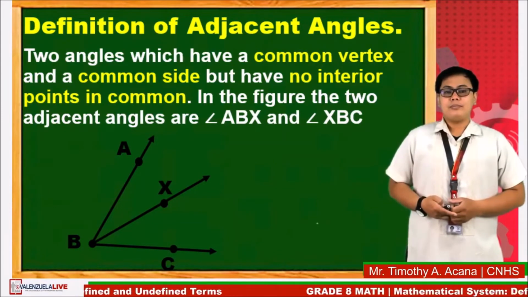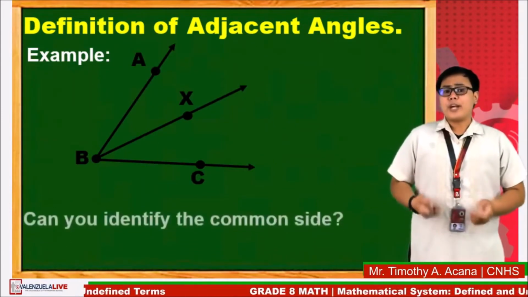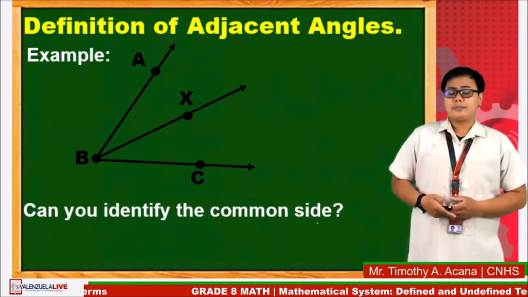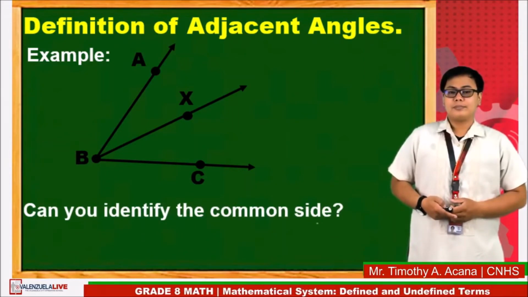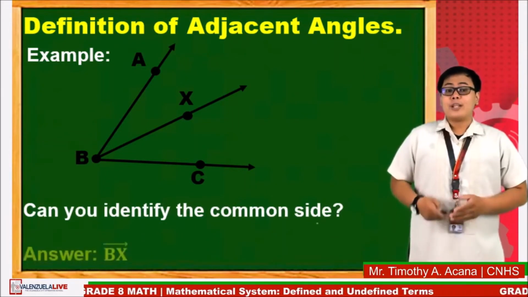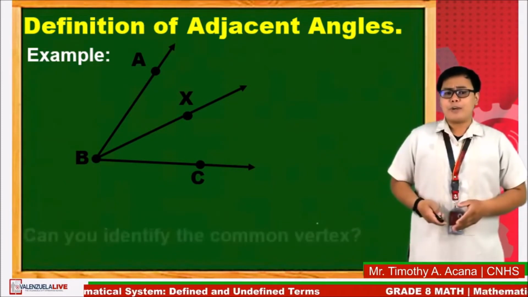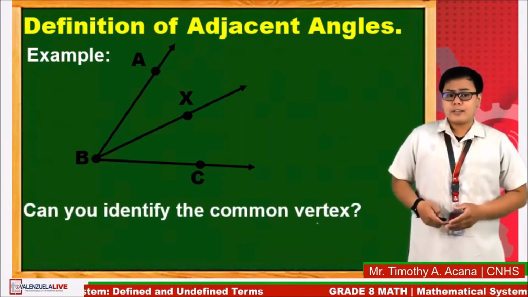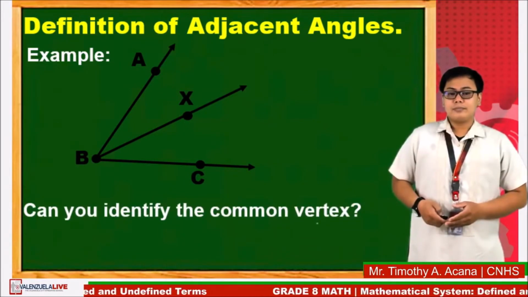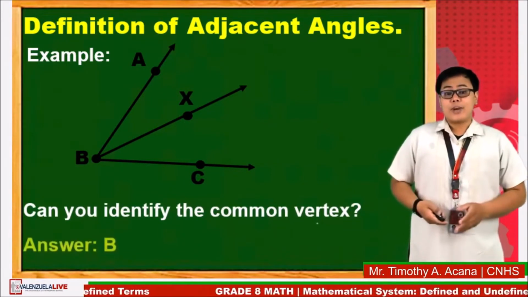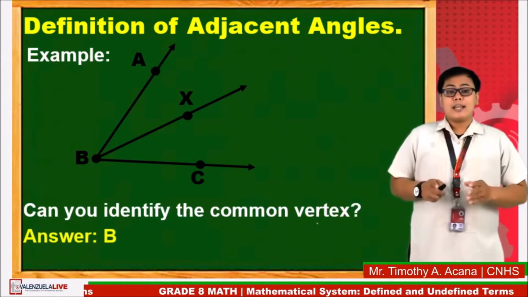In the given figure, can you identify the common side? Very good. The common side is ray BX. How about the common vertex? Can you identify it? That is great. The common vertex is B.